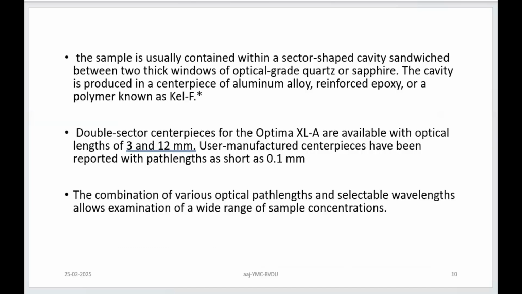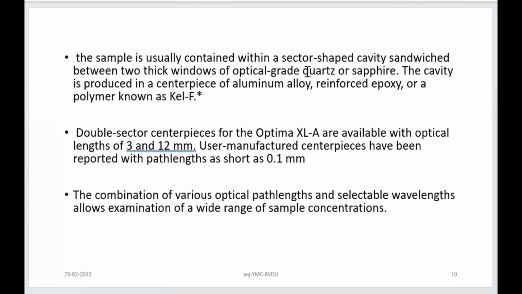So the sample is usually contained within a sector shaped cavity. Now sector, you understand, right? Sector is a triangular part, one quadrant of a circle or oblong structure, because your rotors are circular in design, and they are divided into sectors or cells. So what you have is two thick windows of optical grade quartz.